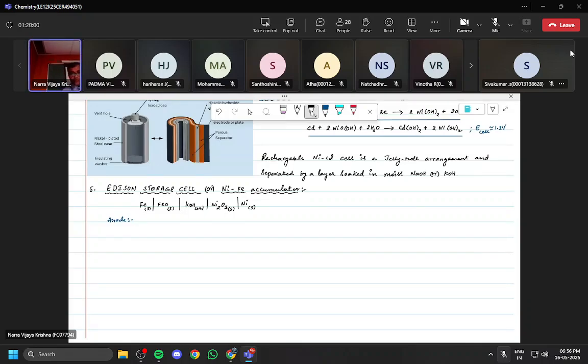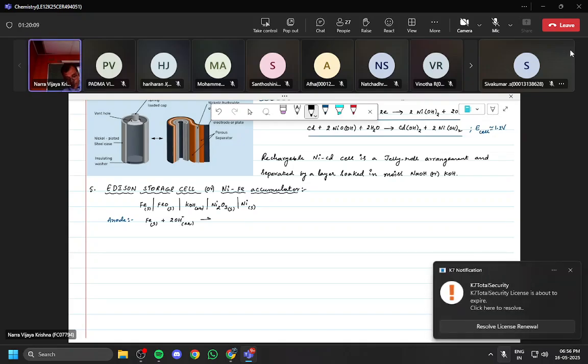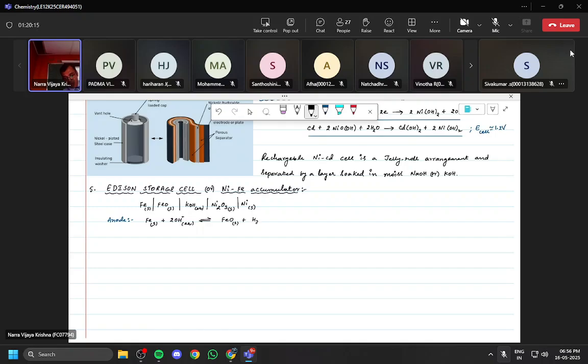So what happens at anode? Oxidation, no? So Fe with 2OH minus aqueous gives rise to FeO plus H2O plus 2 electrons. Now cathode. Nickel, Ni2O3, nickel oxide plus H2O plus 2 electrons gives rise to NiO solid plus 2OH minus aqueous. Check whether the reaction got balanced or not.